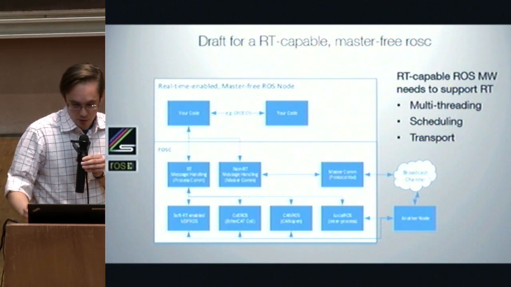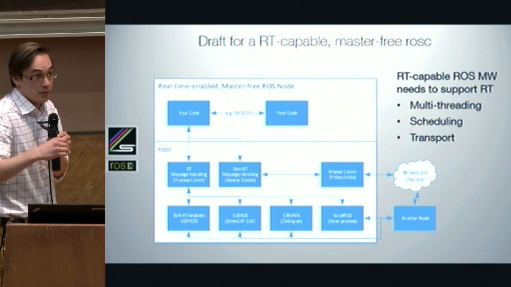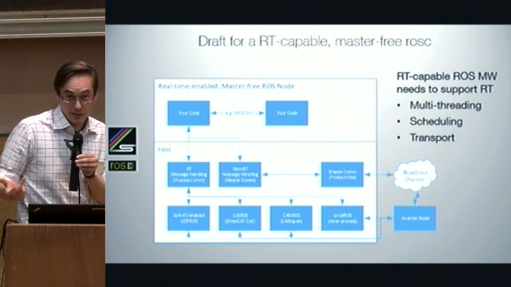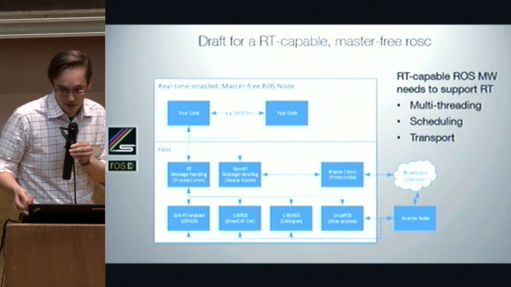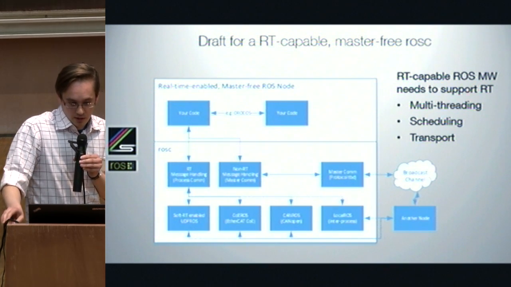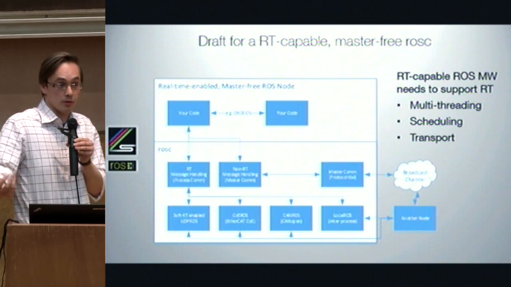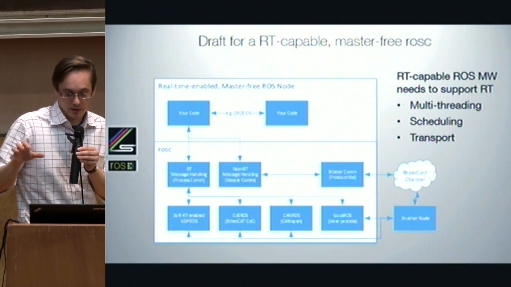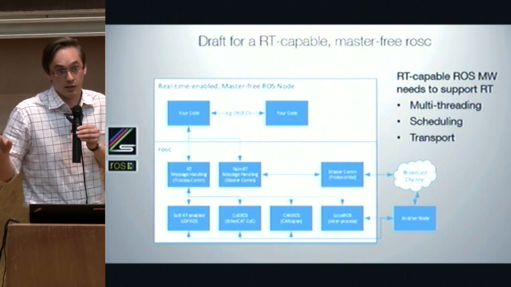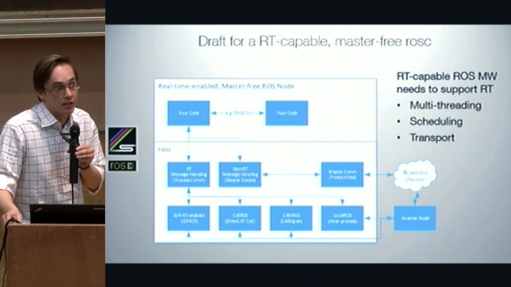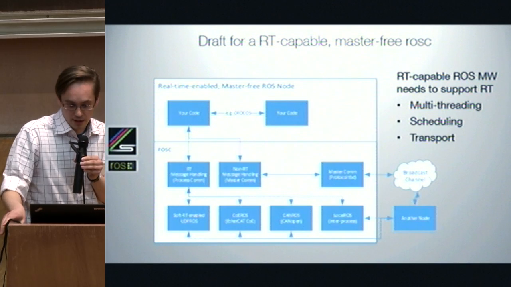And yeah, but why are we focusing on those transport layers? This is because we think transport is one of three aspects that we need to change with ROS to make it real-time capable, and to enable those real-time capable transport layers to work properly, we also need to separate the master communication, which is mostly not real-time and also does not need to be real-time, from the process message handling.